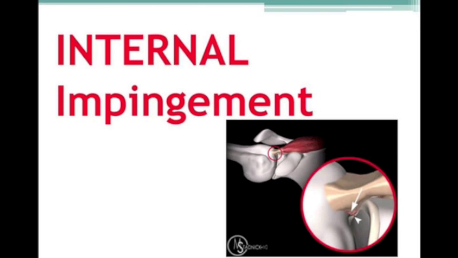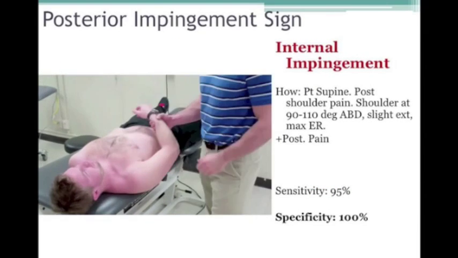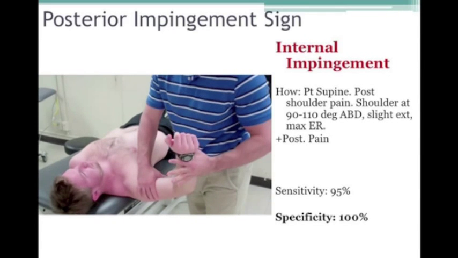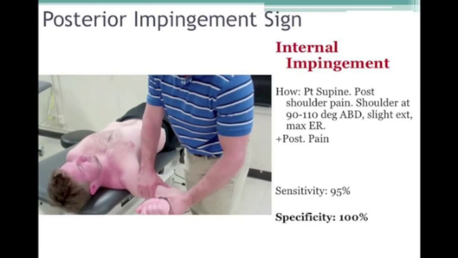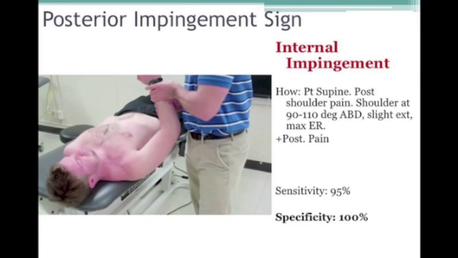Next thing we're going to go over is how to do some tests for internal impingement. So this includes some slap tears, but especially the underside of the supraspinatus, as well as the biceps tendon. The first test for internal impingement is the posterior impingement sign. This test has a specificity of 100%, a sensitivity of 95%, but probably more research is needed to make sure that we can verify those numbers.